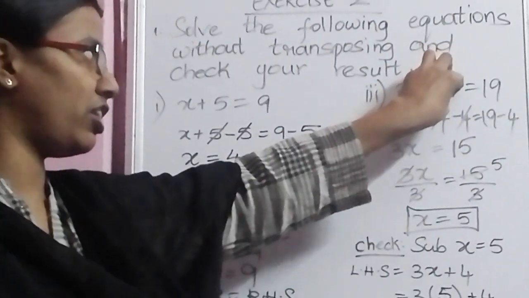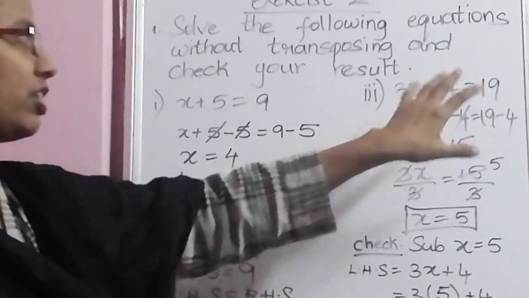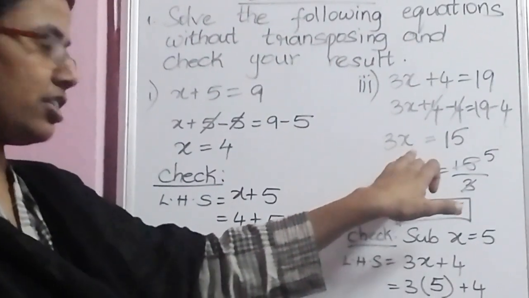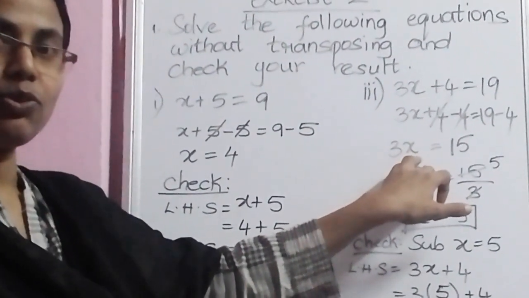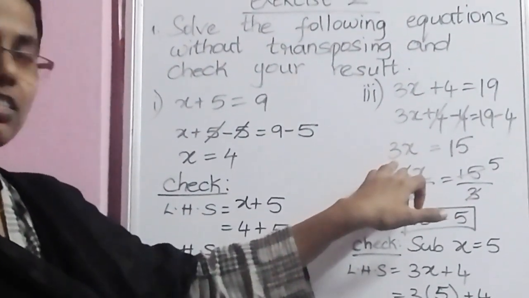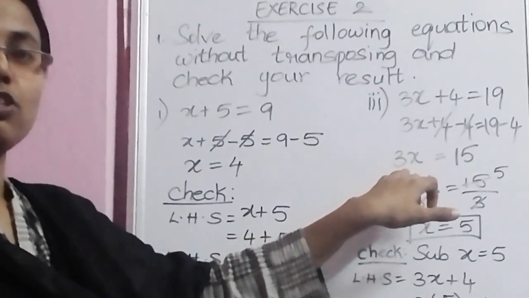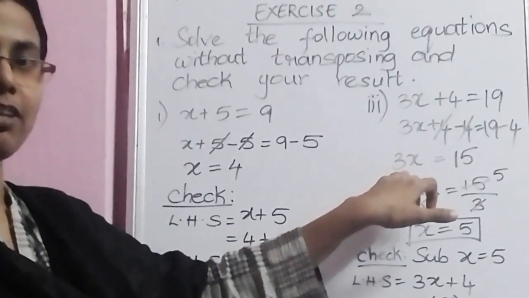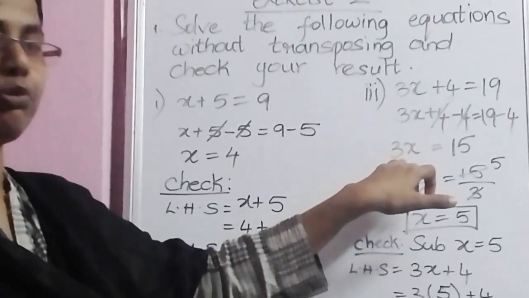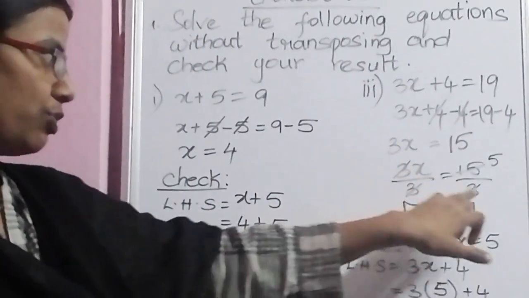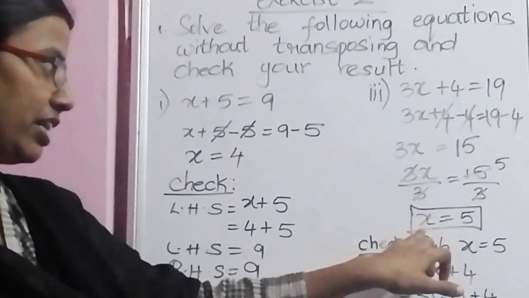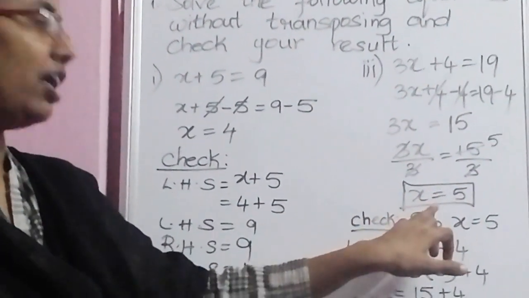Then what happens? Your neighbor is gone. Now only 3x is there. Now what should you do? This is like your mask. This 3 is called a coefficient, and this should be removed. Your mask should be removed. Here we are going to divide both the sides so that we will get the value of the variable x.